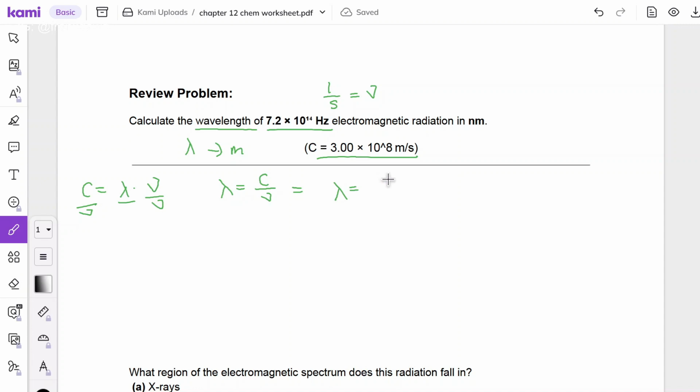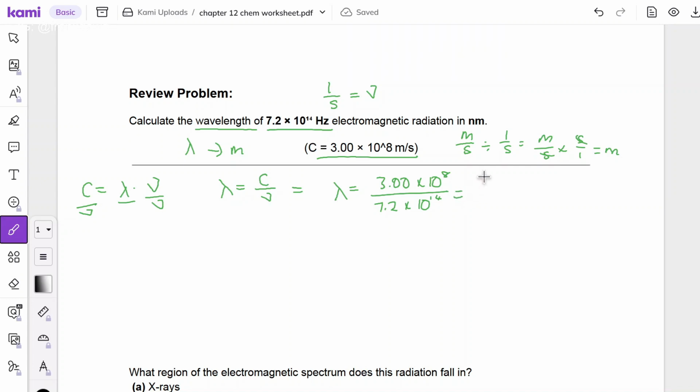The wavelength is equal to 3.0 times 10 to the 8 divided by 7.2 times 10 to the 14. We know the units cancel out, so we don't have to include them, but to be safe, you can do meters per second divided by 1/second, which is meters per second times second over 1. It cancels out and you're left with meters.